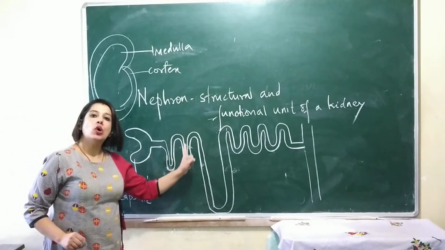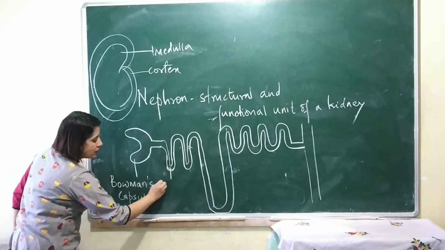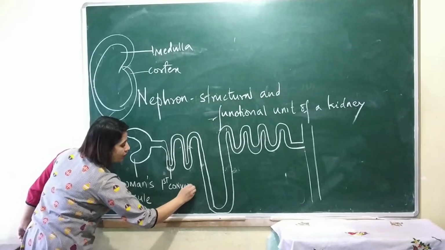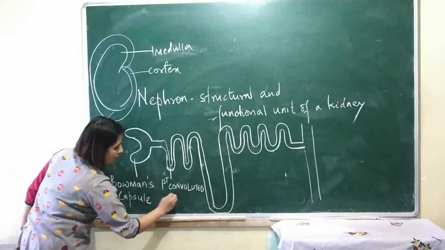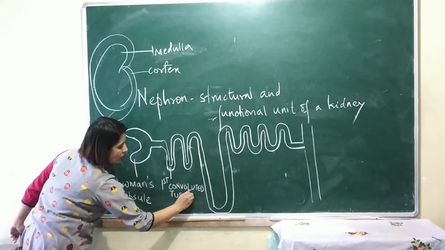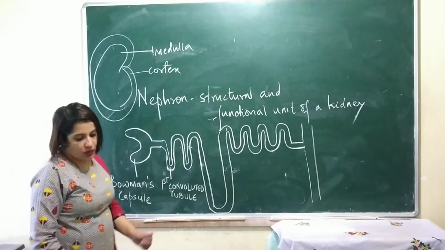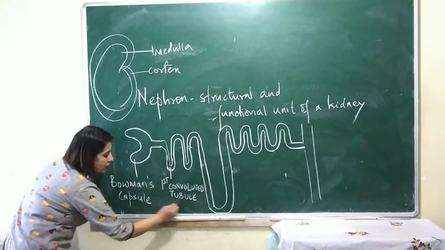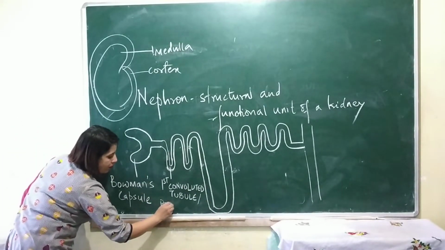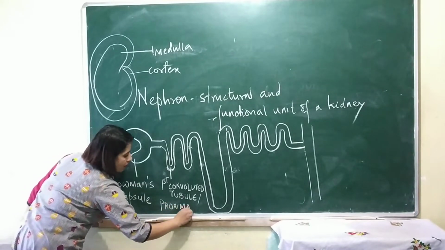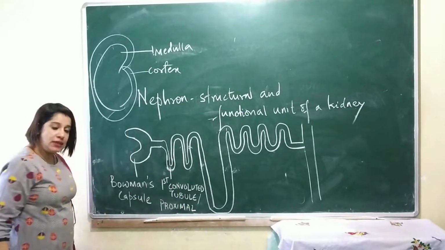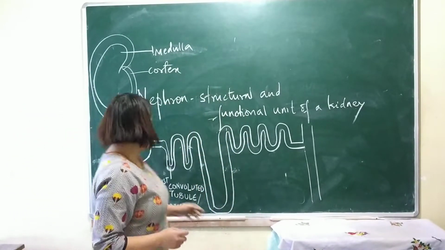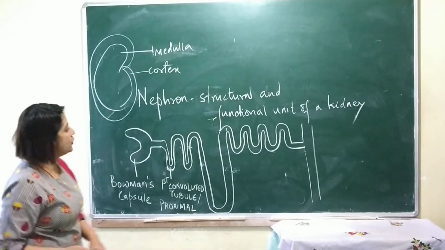Now this first coiled tube is called the first convoluted tubule or the proximal convoluted tubule.